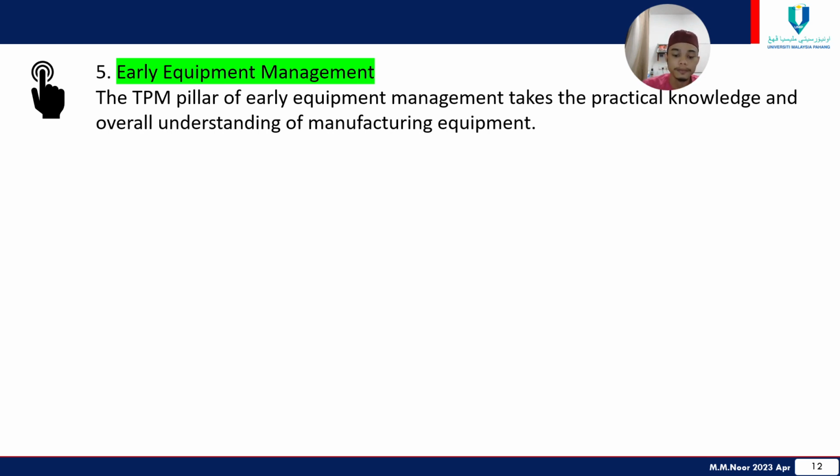For example, the company buys a new machine, so the mechanics and technicians need to know about the machine. So basically, the company will invite the machine manufacturer to brief them about the machine.